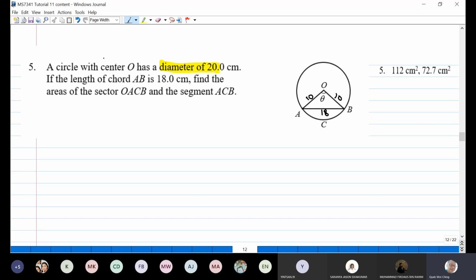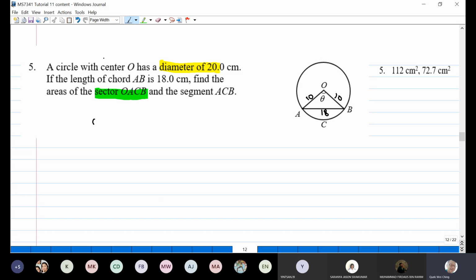Okay, find the area of sector OACB. So what do you mean by sector? Sector OACB, okay, the sector is actually this one. Let me draw it for you.